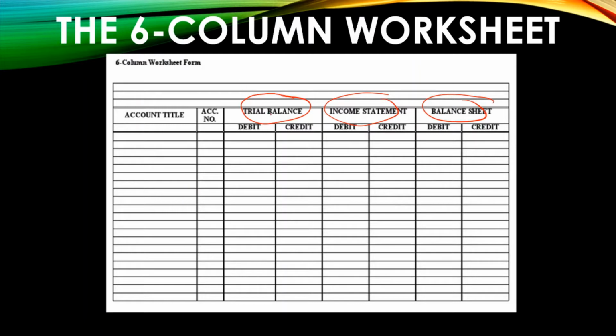Once you have the trial balance column, specifically the adjusted trial balance, you will expand this one to have the income statement columns, of course, still debit and credit, and then the balance sheet columns. Okay, that's why it is called a six-column worksheet.